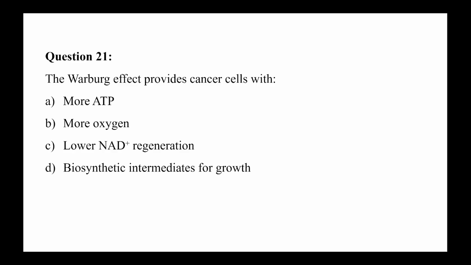This is actually giving the cell more and more intermediates for the growth. So, glycolysis is continuously happening. The cell is completely dependent on glycolysis for energy. Whatever ATP it is getting from glycolysis, it depends on that ATP, and it is dependent on the intermediates of the glycolysis.